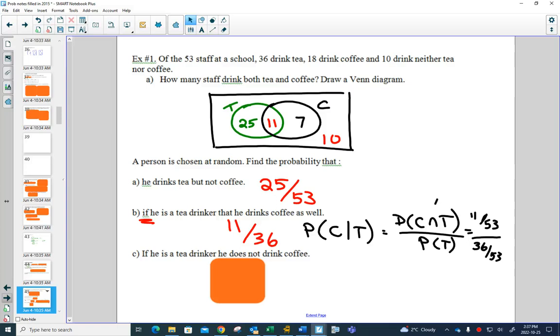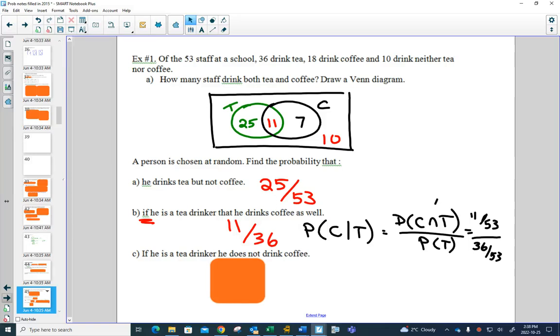But in this example, I think you knew the total tea drinkers, it would be perfectly fine to not use the formula. But it's nice to see how the formula works. The formula, by putting the probability of T on the bottom, is what reduces that bottom number to 36. We did it directly just by seeing that there was 36 tea drinkers.